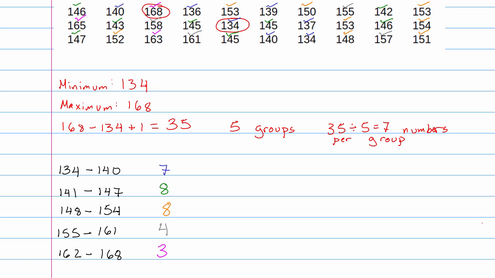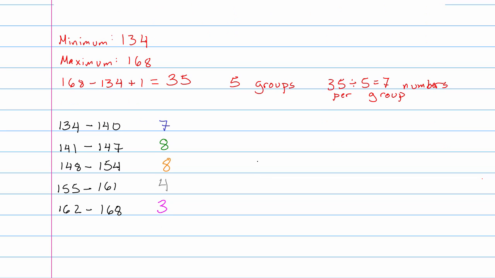One of the big things we want to do with something like that is construct what we call a grouped frequency histogram, which for these values is going to look like this. I have a horizontal axis and a vertical axis.